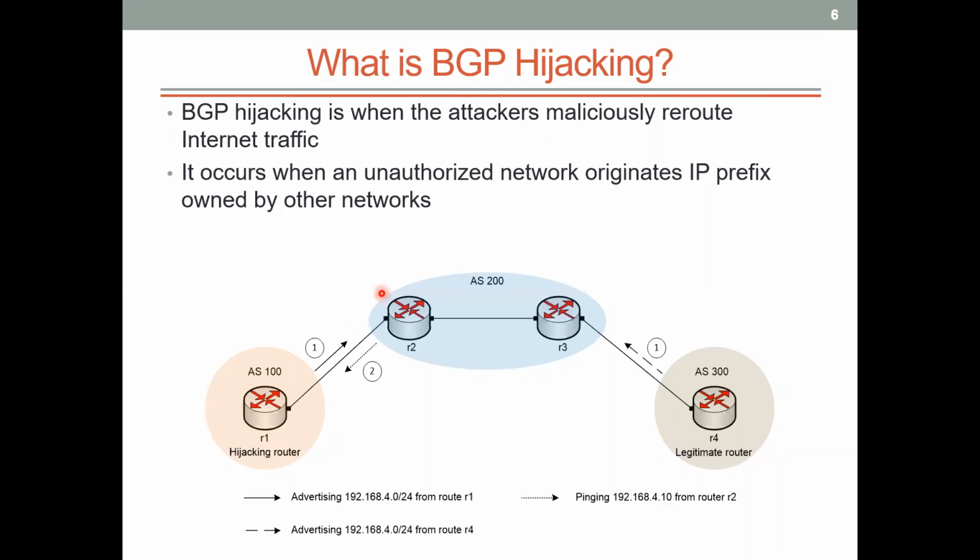And as we mentioned before, because BGP selects the route with the fewer number of hops, router R2, when routing traffic to the legitimate router, will take the path via R1, because this is the route that has fewer hops. So this is a typical BGP hijacking scenario based on fewer hops.